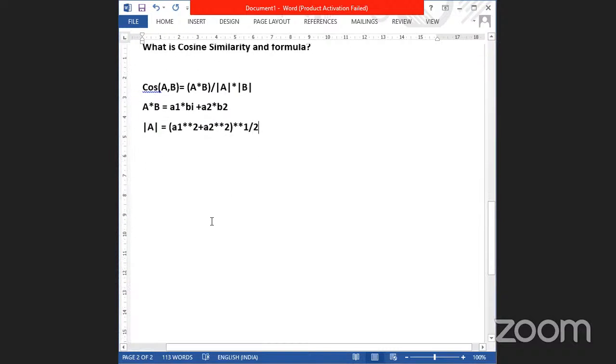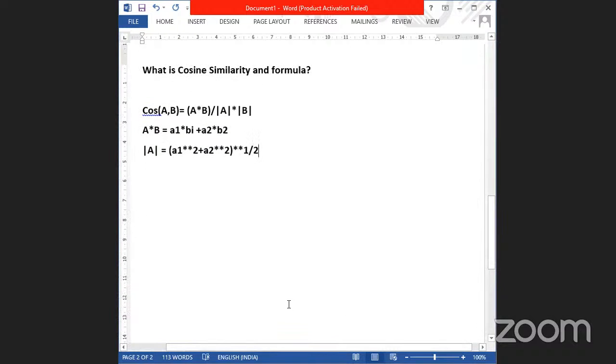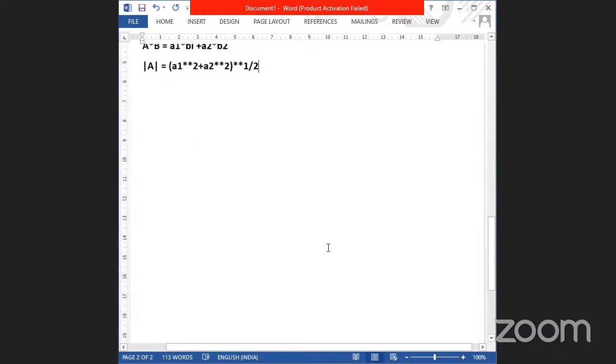Okay. So basically cosine similarity is used in text analysis when you have to find, if I give you an example, it will be for job descriptions. If your job description is matching with your resume or not.